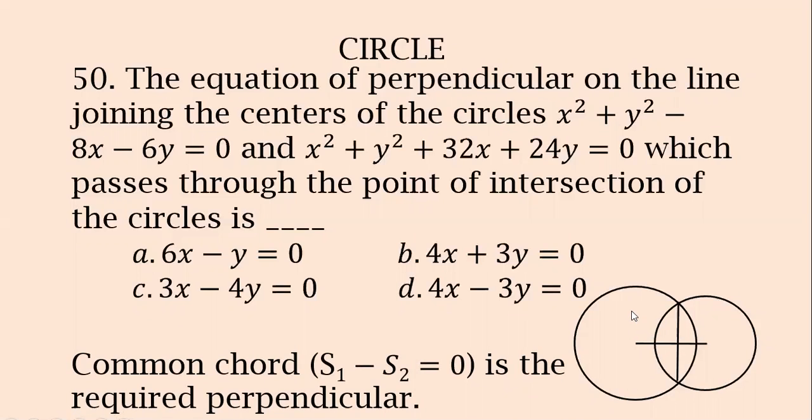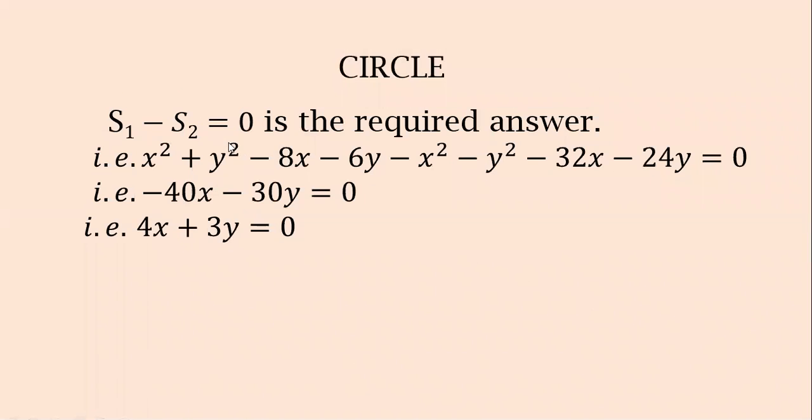So how to find it? How to find the common chord? If we subtract two circles, then we get the common chord. So let us find the common chord. If we subtract, after changing the signs, x square y square is eliminated, then it is minus 40x and minus 30y.